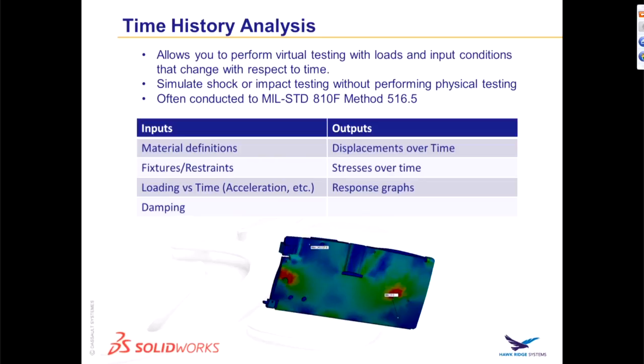Let's look in a little more depth at one of these types of studies, the time history analysis, which again is going to allow you to simulate the response of the model to loading conditions over time. Now, this might seem a little bit similar to what we just did with the nonlinear analysis, because we did have a curve showing how the force was changing over time in the nonlinear study. But the difference is that with that nonlinear study, we couldn't account for any of the vibrating or inertial effects that would be important if this load was actually applied very quickly.